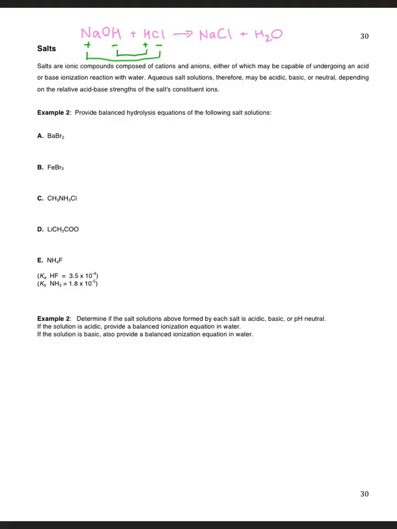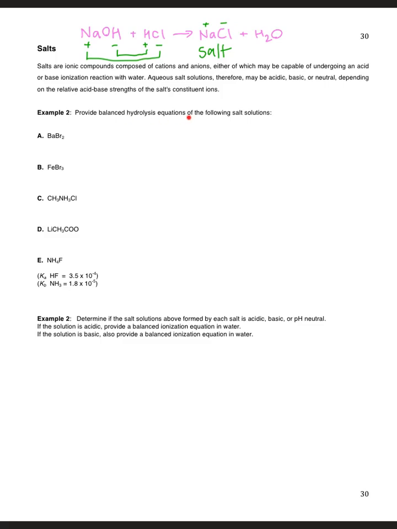This sodium chloride salt is an ionic compound composed of cation and anion. The goal of this section is to determine the property of salt in water. Here we are going to use the previous concept and look at each of these ions, whether they are acidic ions, basic ions, or pH neutral ions.